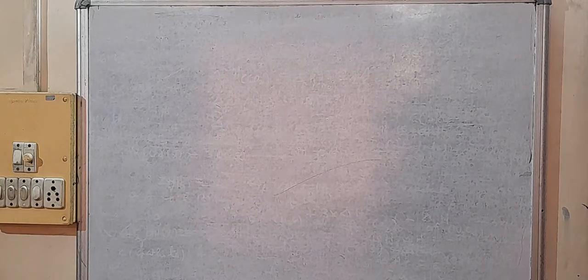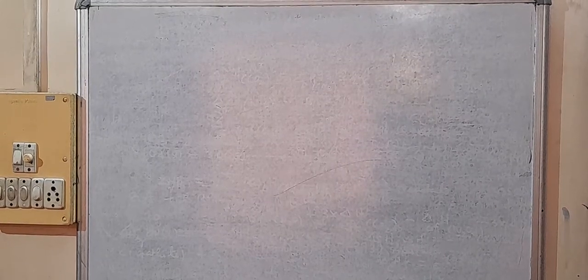Okay, good morning, children. So, yesterday where we left, it was how to use bond enthalpy data to calculate the enthalpy of reaction. So, here I am giving a question on that.